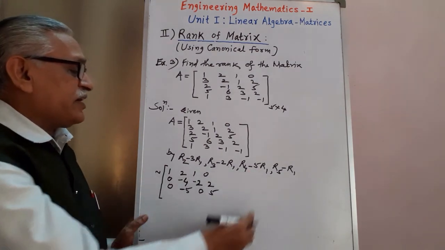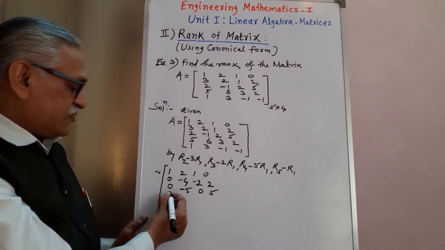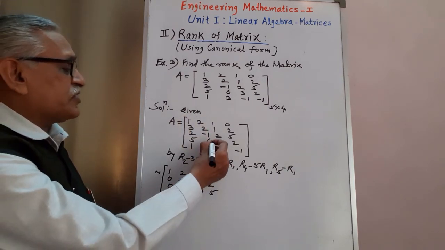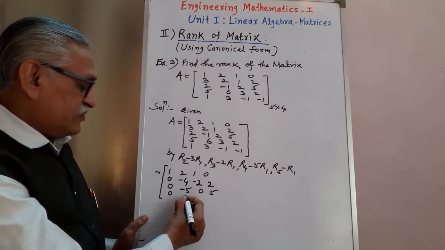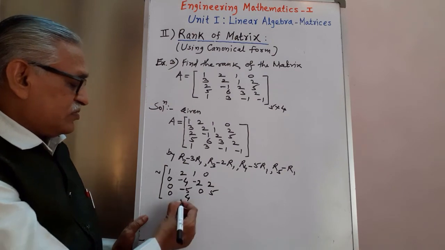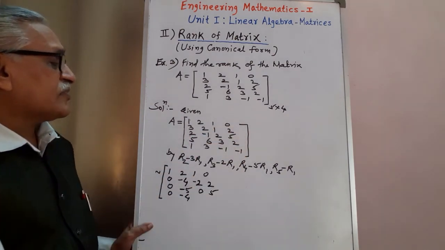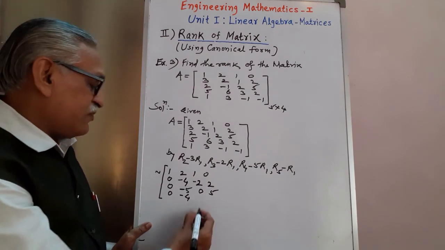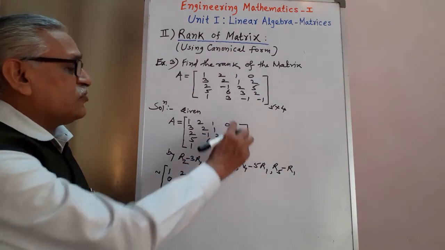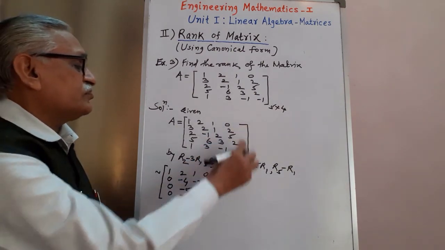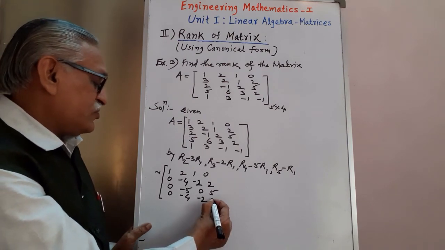Then applying R4 minus 5 times R1, 5 minus 5 times 1, 5 minus 5 we get 0. 6 minus 5 times 2, 6 minus 10 we get minus 4. 3 minus 5 times 1, 3 minus 5 we get minus 2. Then 2 minus 0 times 5, 2 minus 0 we get 2.